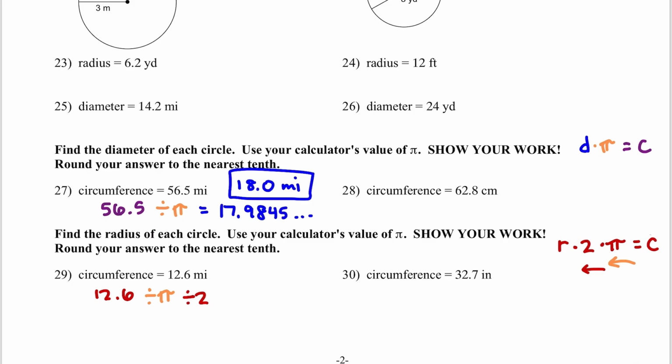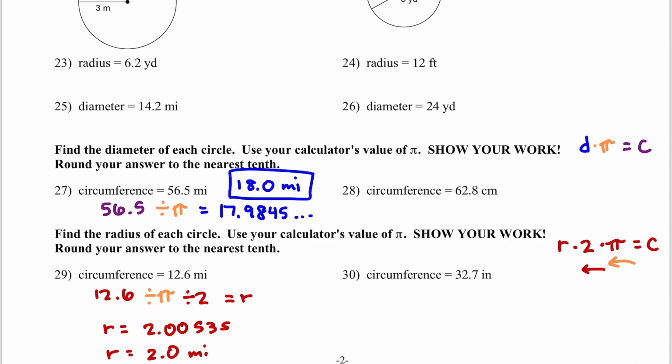So that would be 12.6 divided by pi divided by 2 is finally going to give us the radius because I worked backwards twice, and I have the radius is equal to 2.00535, rounding to the nearest tenths place. I need a digit here, and this 0 is not enough to bump that up. So the radius would be equal to 2.0 miles.